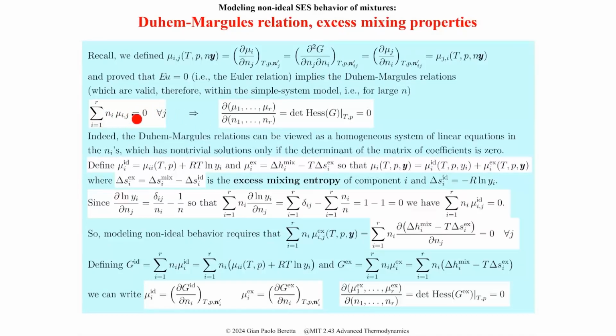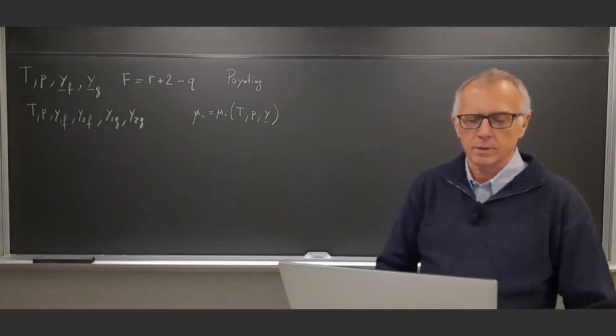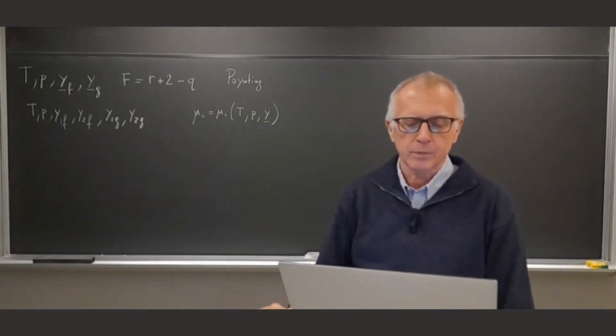Now you can view this system of equations as a homogeneous system of linear equations in the unknowns n, where mu ij is the matrix of the linear coefficients.